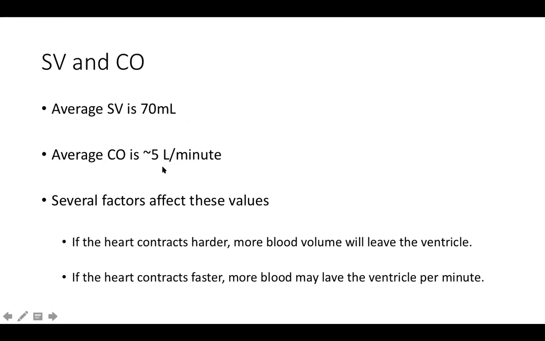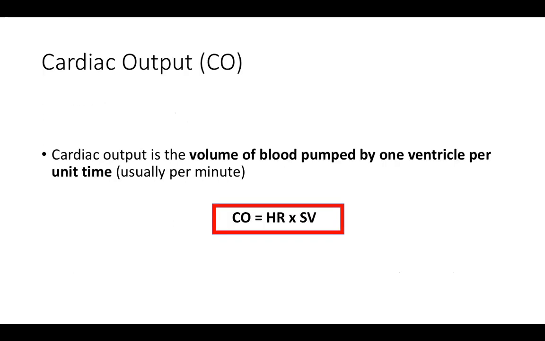Or if you imagine that the heart is contracting faster, if blood is leaving the ventricle more times per minute, then your cardiac output will go up. And so if we look at the equation of cardiac output, I just went back a slide, we can see that both the heart rate and the stroke volume are direct relationships.